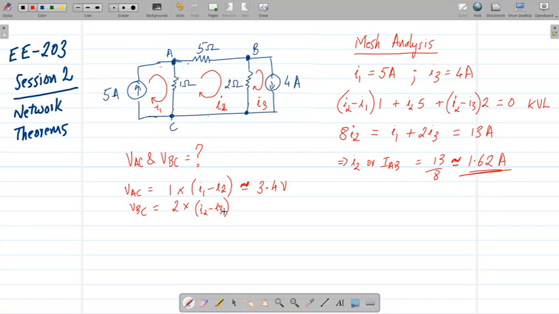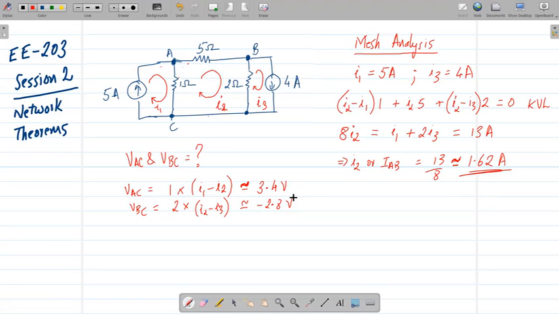I2 is 1.62 and I3 is 4 amperes. So the difference between them, I2 minus I3, is approximately minus 1.4, and times 2 is minus 2.8. It's possible that I might be doing some of the arithmetic incorrectly, so please verify yourself.